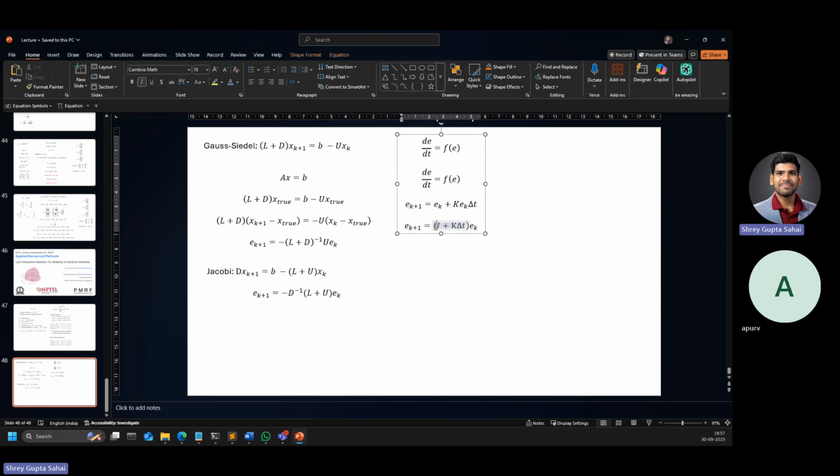If your eigenvalues are negative, then you say this is a stable system, and if they are positive, then it is an unstable system.